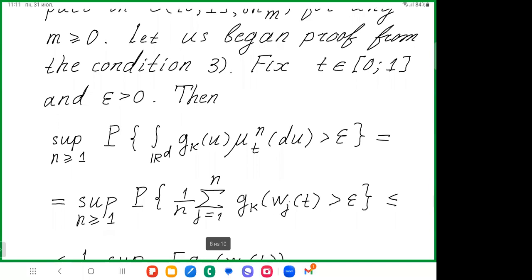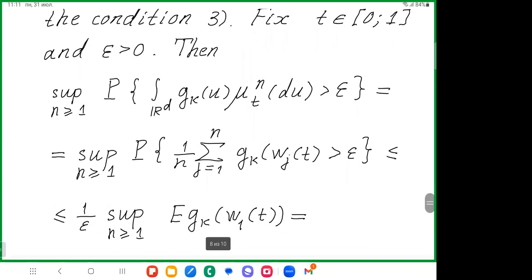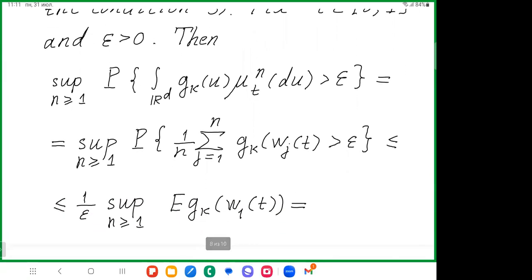And for this supremum we just use Chebyshev, because the j_k are positive functions. And when we calculate the expectation, I use that all W_j are equidistributed.